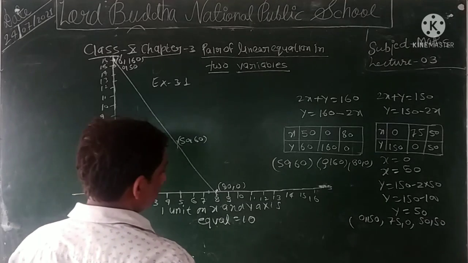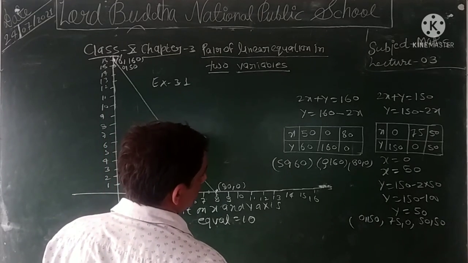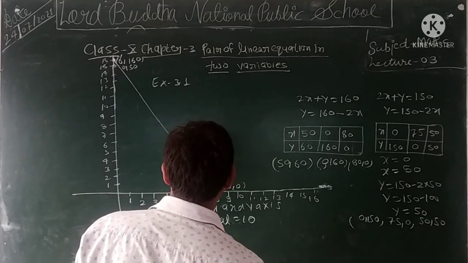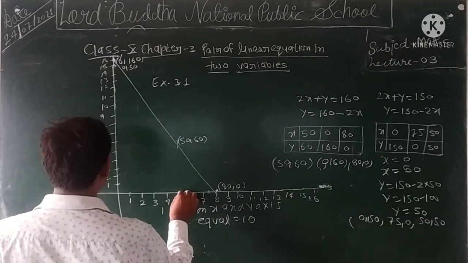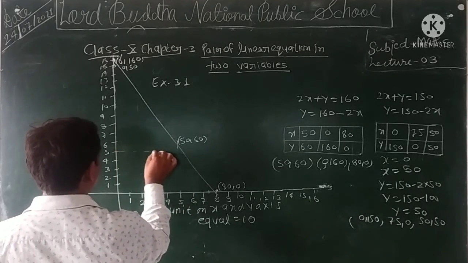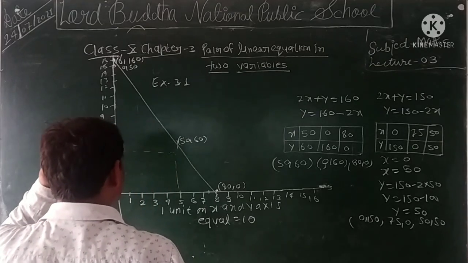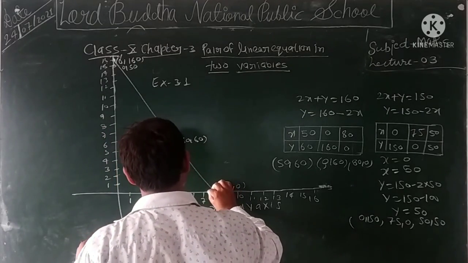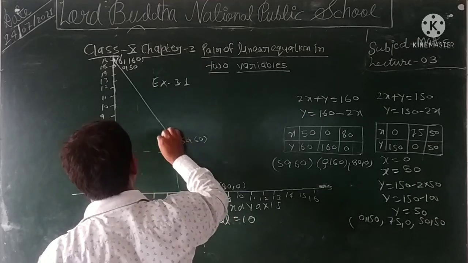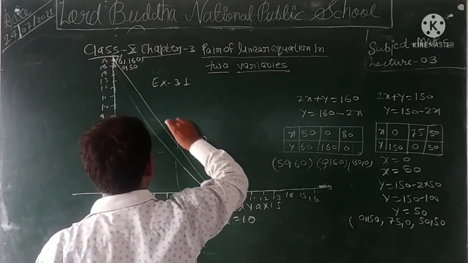And the next value is 50 50. 50 50 means 5 units, 5 units, something here. You will join all these points, something like this.